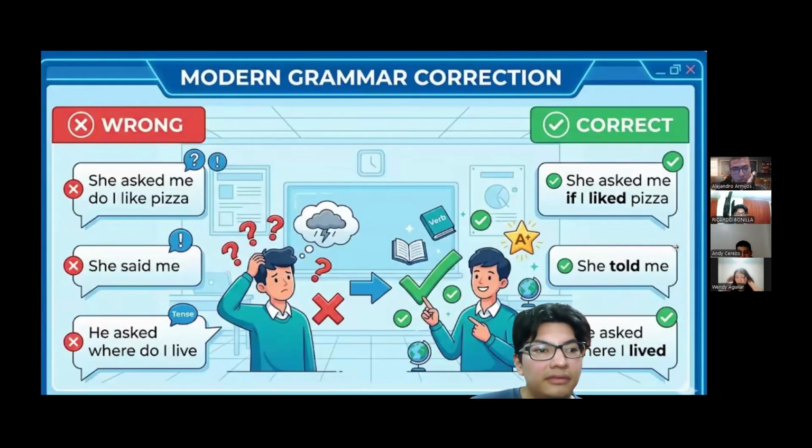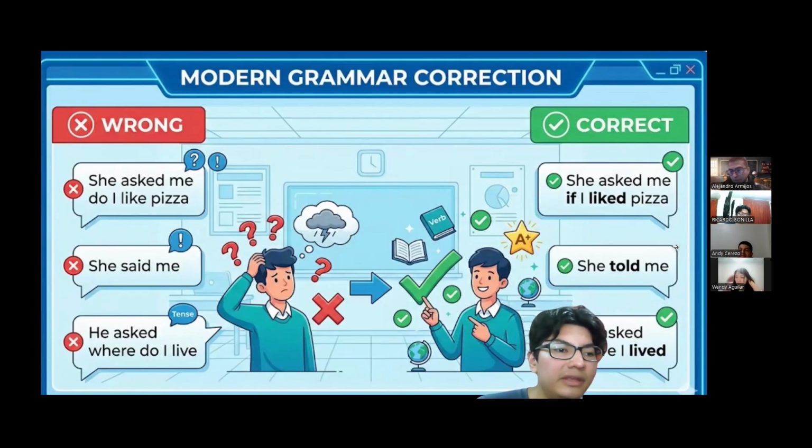Now let's see some common mistakes in reported speech. These mistakes are common when students keep the original question structure or use the wrong reporting verb. Mistake number one: she asked me, do I like pizza? The correct answer is she asked me if I like pizza.